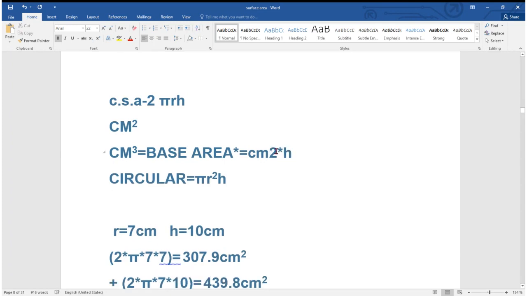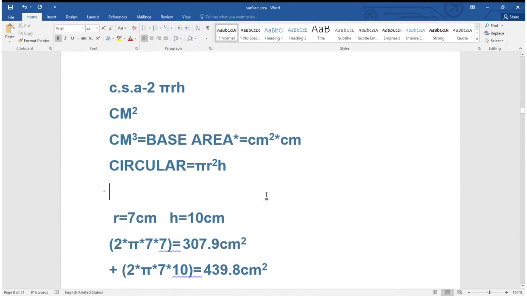So if area is found in centimeters squared and then you multiply by another one, the height, for example if it was centimeters, the answer is found in cubic units because the height is given in centimeters. So it is centimeters squared times centimeter, and we get centimeters cubed, or cubic units.